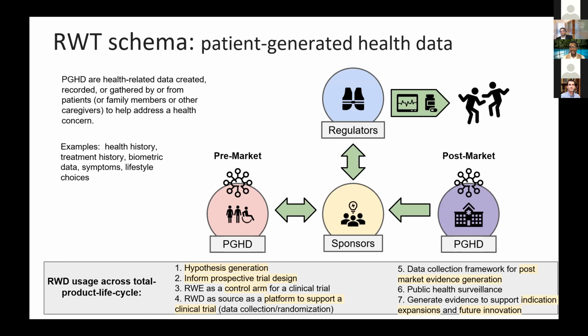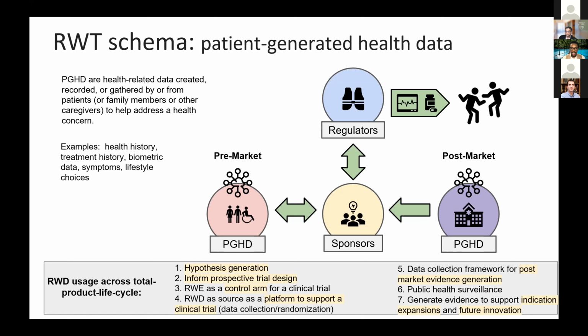Now that we have a general understanding of real-world data, real-world evidence, clinical trials, and its key stakeholders, let's understand how real-world data can alter the traditional clinical trial pipeline. In an effort to stay on time and grasp the concept, I focused this presentation on the patient-generated health data within real-world data. What is patient-generated health data? It is health-related data created, recorded, or gathered by or from patients to help address a health concern.